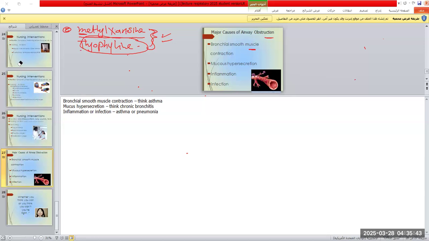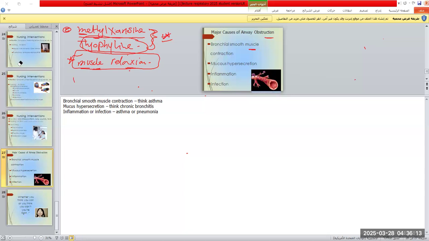So this medication acts as a muscle relaxant. It's neither a beta 2 agonist nor an anticholinergic. It's a specific type that doesn't relate to the sympathetic system or anticholinergics.